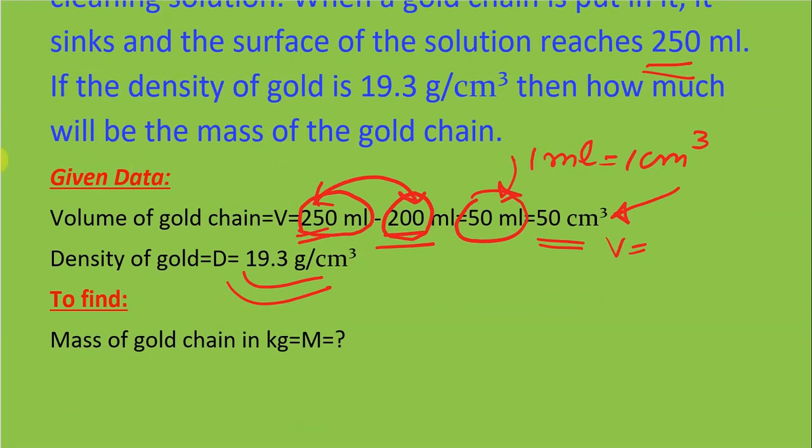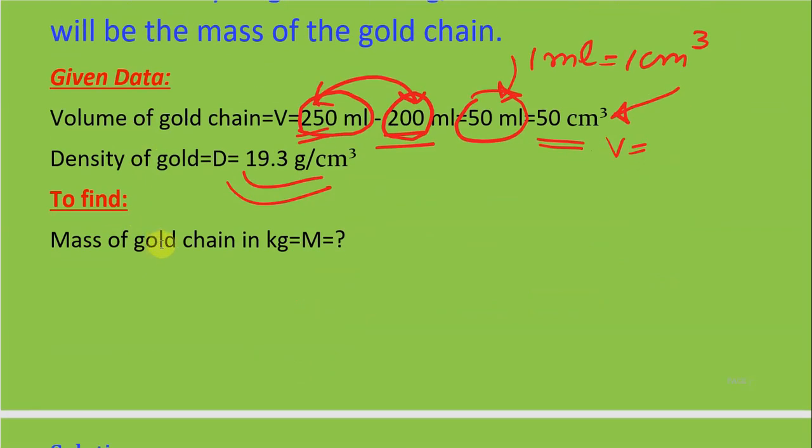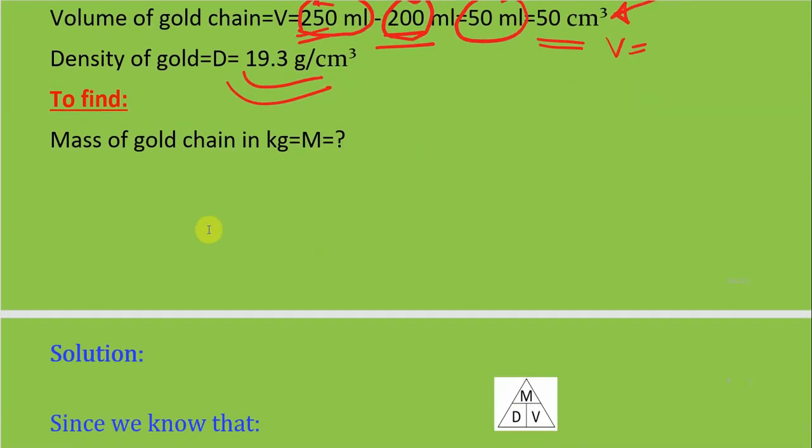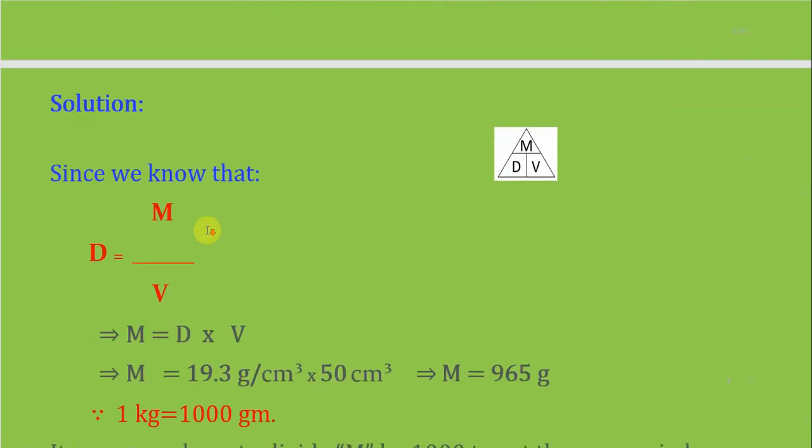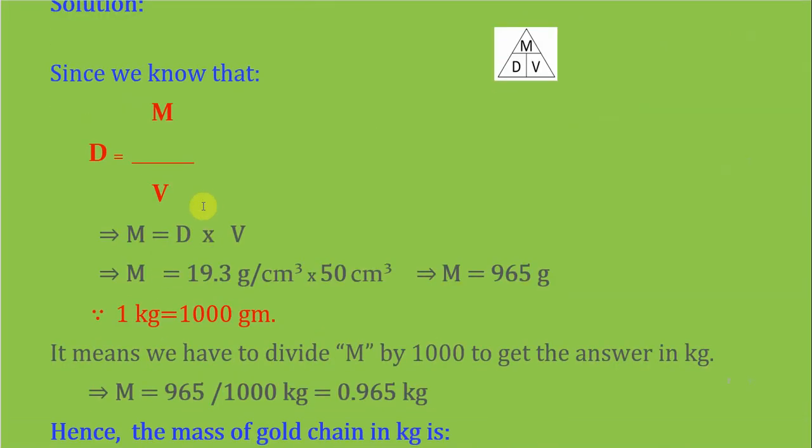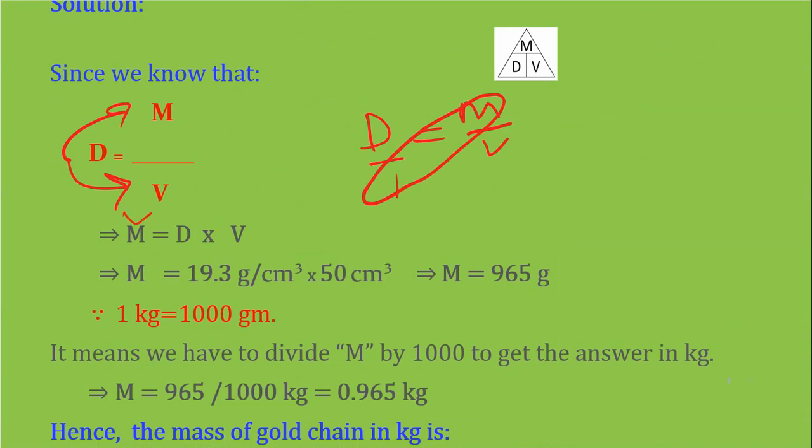What we have to calculate here is how much will be the mass of the gold chain. So the mass of the gold chain in kilogram we have to calculate. As we know that, again, density is equal to mass divided by volume, we have to rearrange the formula. So D equals mass over volume; mass times 1 is m, and D times V is dV.